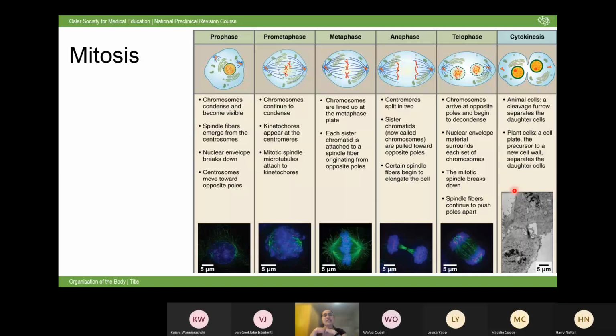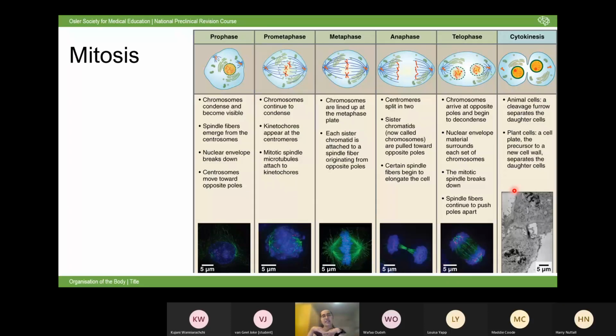And this happens by the microtubules getting shortened because they are made of lots of different bits of tubulin. And so first we put more and more tubulin to make them longer, and now we're taking away the bits of tubulin to make them shorter and pull them to the opposite sides of the cell.